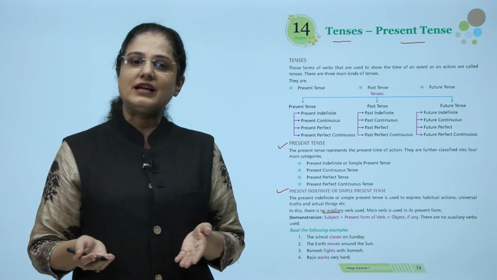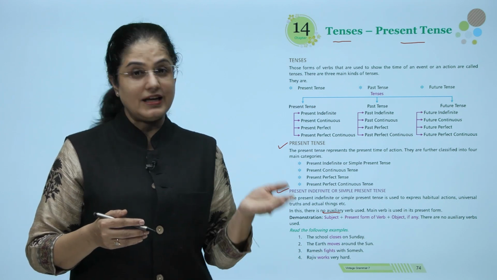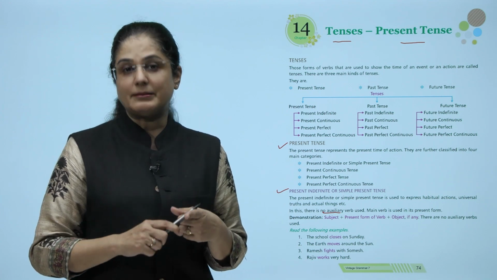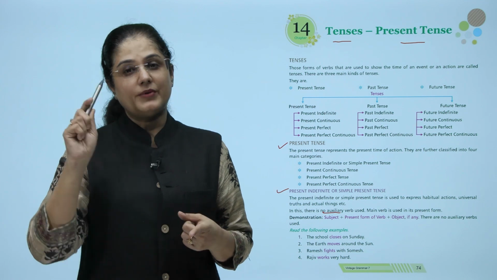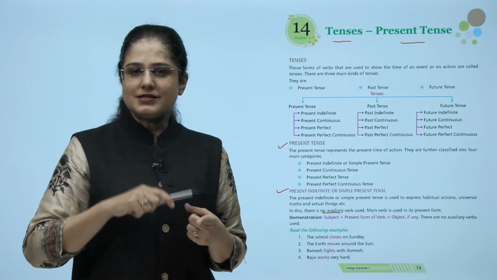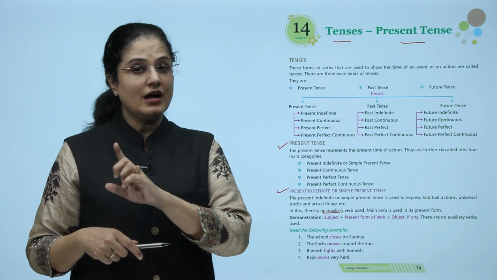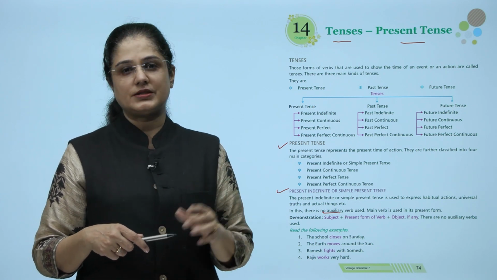Now, how do we make a sentence using present indefinite or simple present tense? We need a subject plus present form of verb plus object if any. As said earlier, there are no auxiliary verbs used.